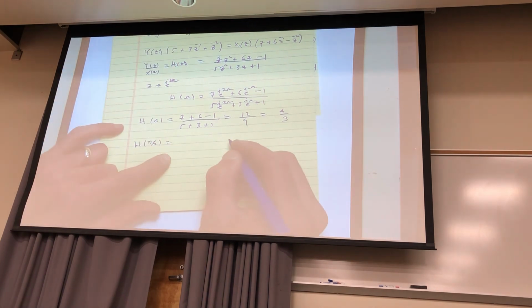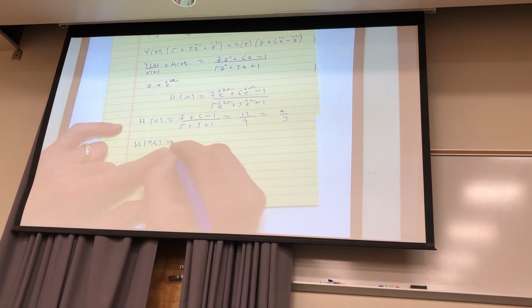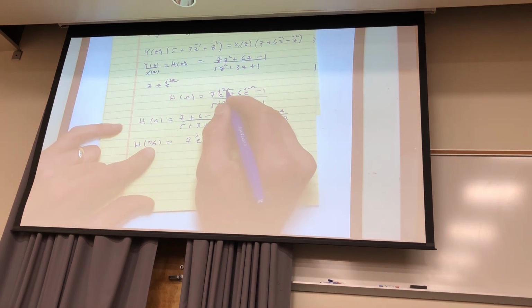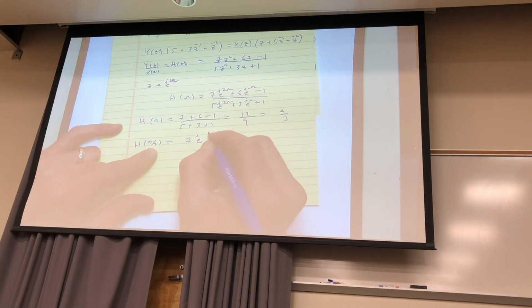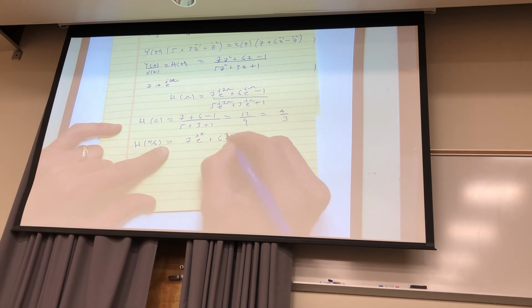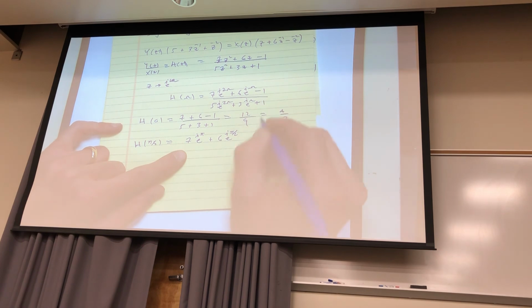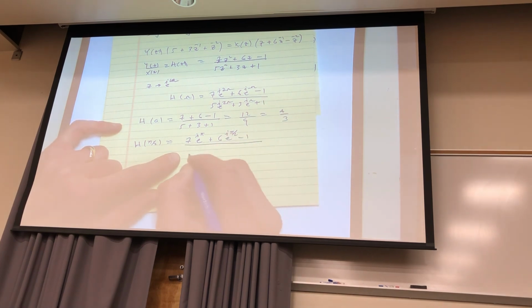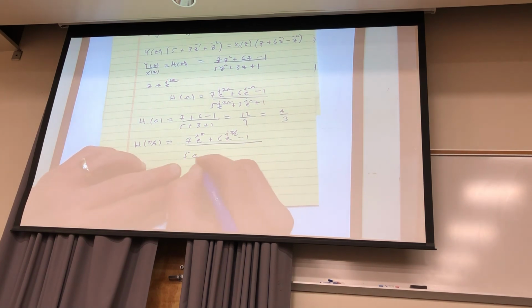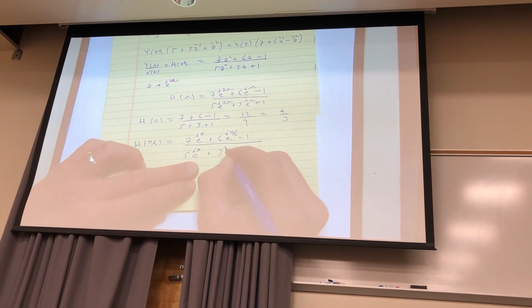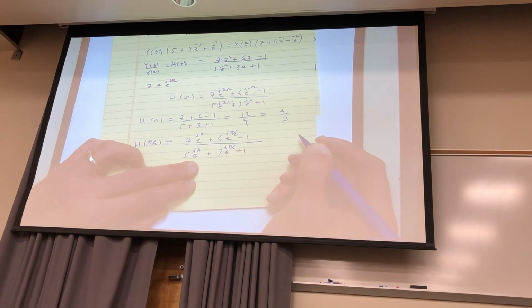And on that one, what do I end up getting? Well, I have 7 times e to the j, and 2 times pi over 2 is simply pi, plus 6 e to the j pi over 2, minus 1 over 5 e to the j pi plus 3 e to the j pi over 2 plus 1.